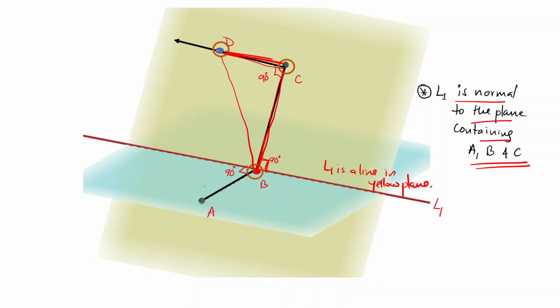Okay, and DC is normal to the plane. DC is normal to the yellow plane. And because of that you can say that BCD are of course coplanar, and the normal to this plane is also L1, right?